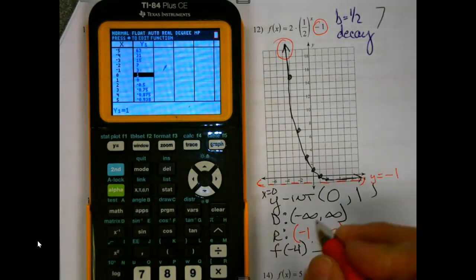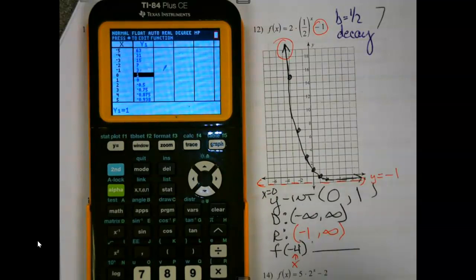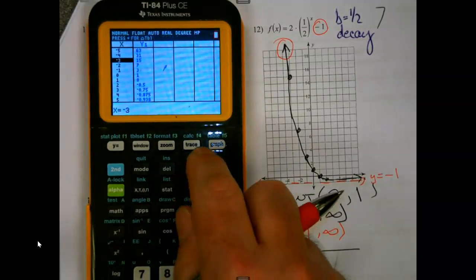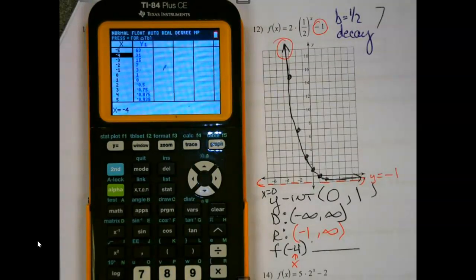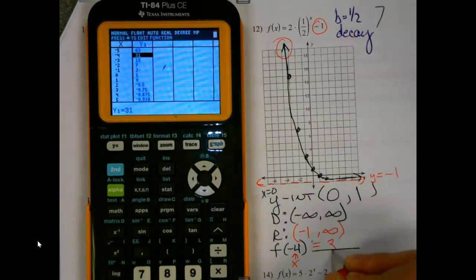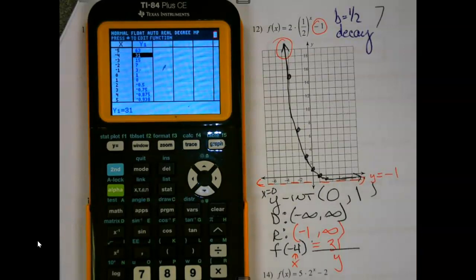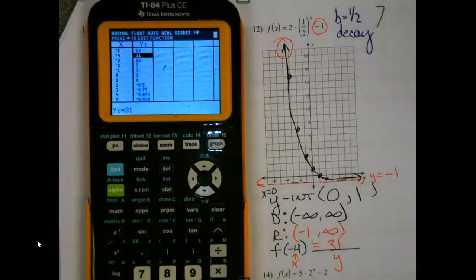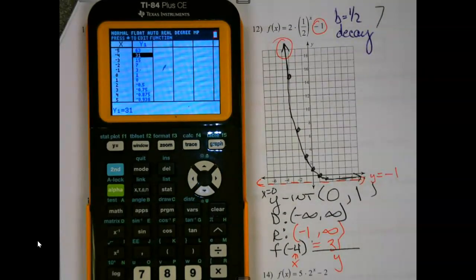F of -4 just means that's the x value I want you to go to. Pop over to y. And I'm done. So a couple of button presses to get maybe some points and maybe to figure out a couple of values. Everything else is just going to be some simple patterns.